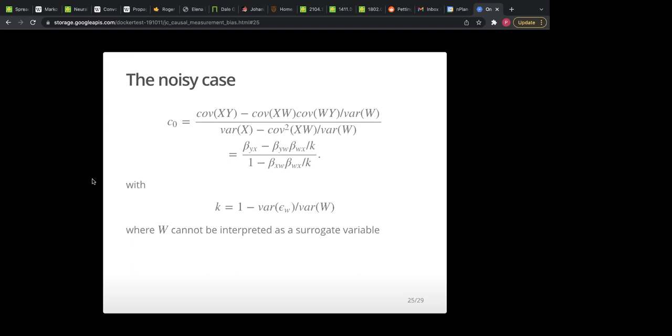Here we compare the variance of the noise to the variance of W. And you can imagine if these are 1, then it means that essentially the whole effect of W we see is pure noise. But at least at that point everything explodes anyway, right? Because then 1 over k explodes and the whole thing becomes more or less meaningless.